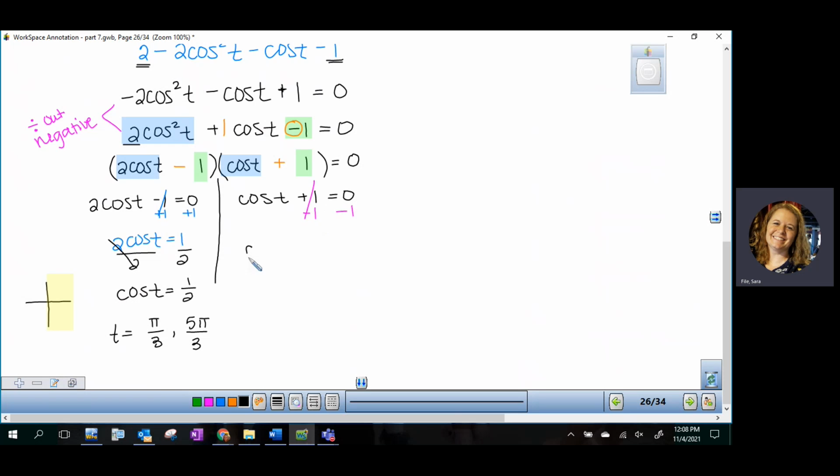So I have cosine of t equals -1. So I'm asking myself, where on the unit circle is cosine -1? Where's the x -1? Yeah, that's on the x-axis, the left side of the unit circle, that point. Okay, and that angle is pi radians. So we're giving our answers in radians. So this had 3 solutions in all.